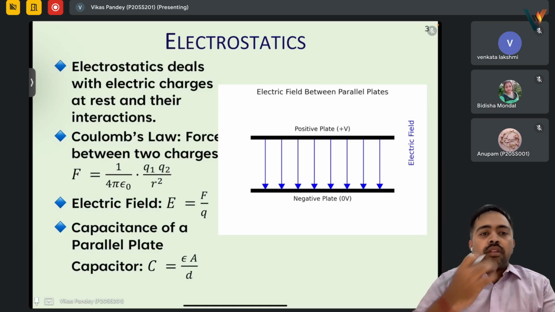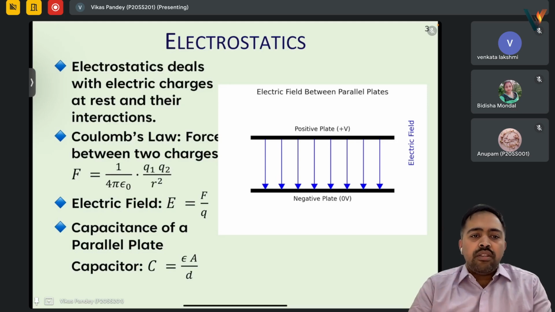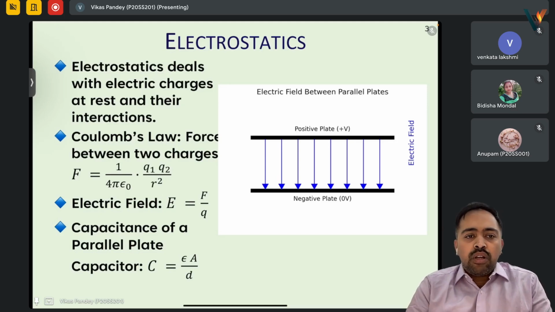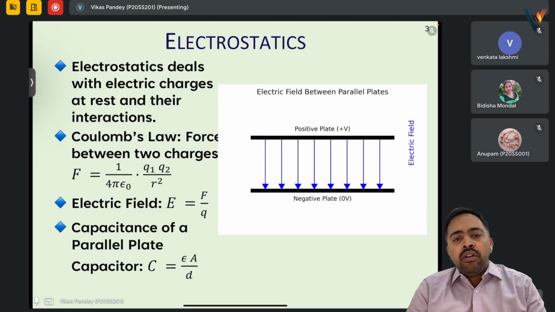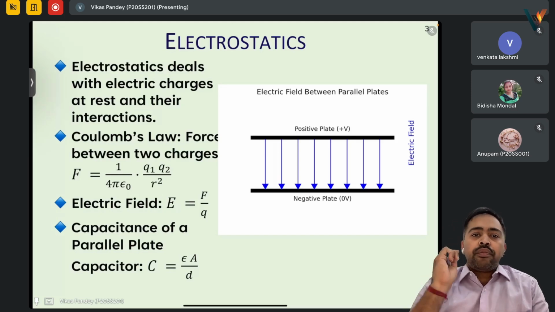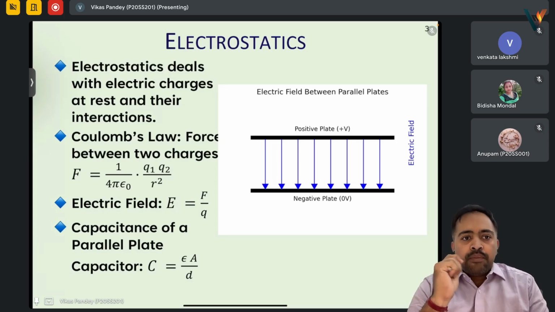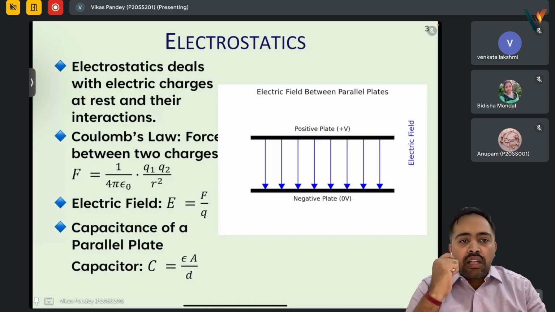So I think you have covered these things like Coulomb law. Anyway, Sir has also discussed that in the first lecture, electrostatics. When we talk about electrostatics, we deal with electric charges at rest. That means they are static charges and their interaction.